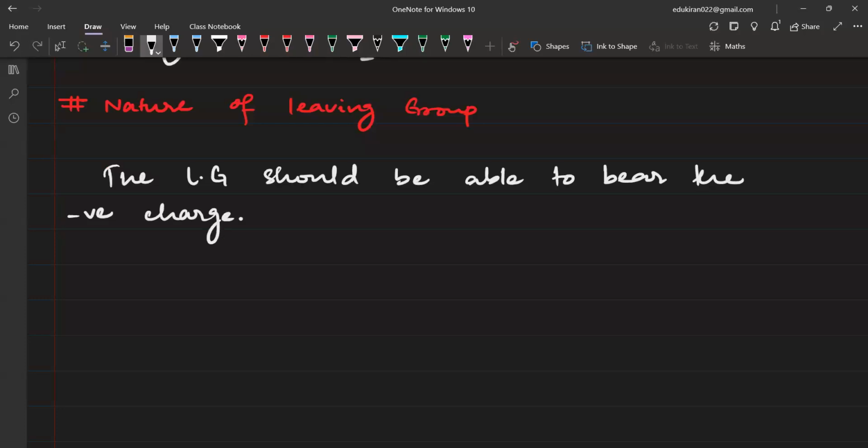Hence, the larger the size of the leaving group, the faster is the reaction.